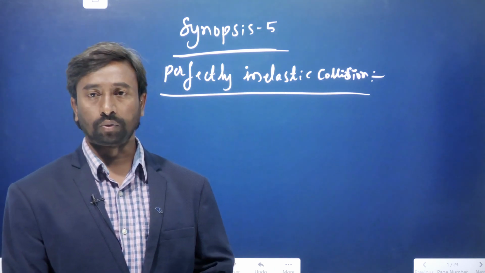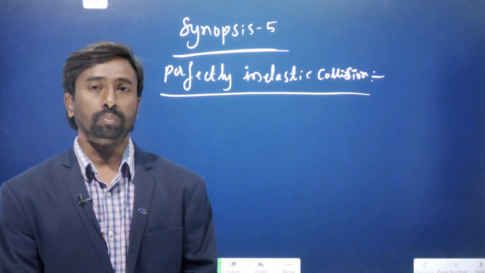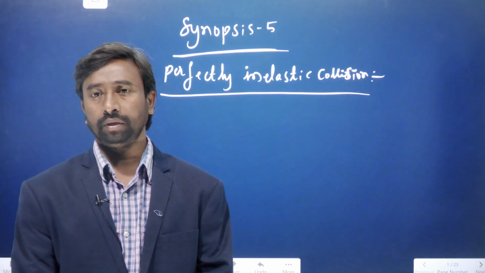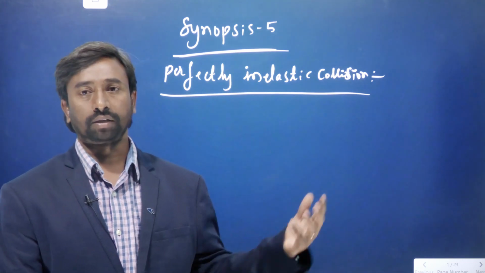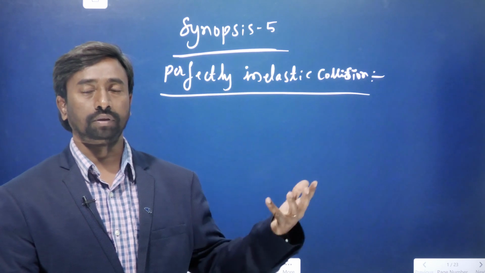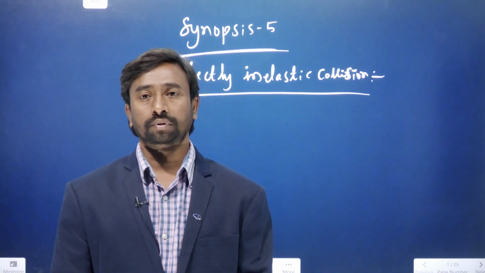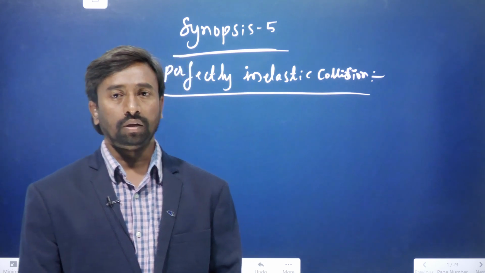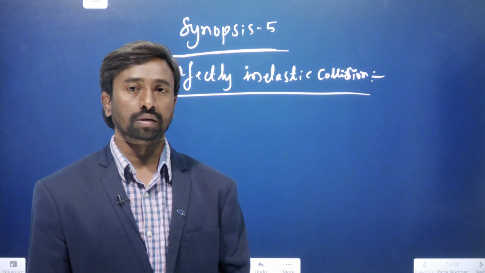That collision is called the inelastic collision. Elastic collision means both kinetic energy and linear momentum are constant, before and after the collision. The total kinetic energy of the system is constant. That is the elastic collision.